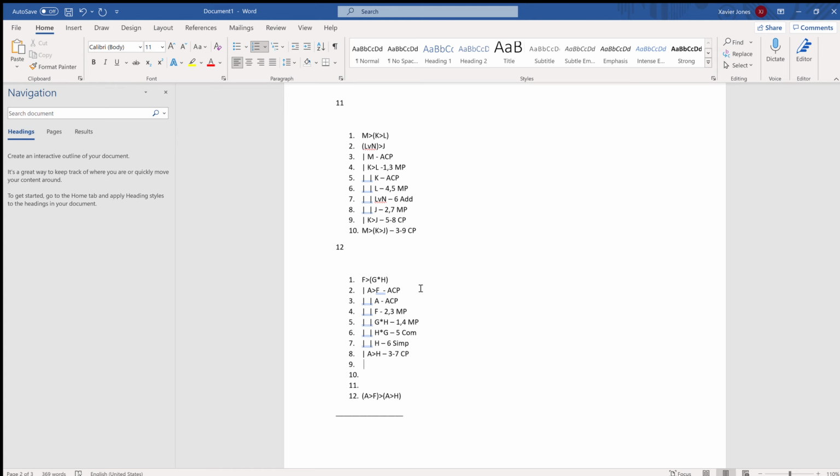And then we can just end it off with this, right? Lines 2 through 8, conditional proof. I think that's how it's going to work, because we're just going to say, okay, if A then F, can we prove if A then F, then if A then H?